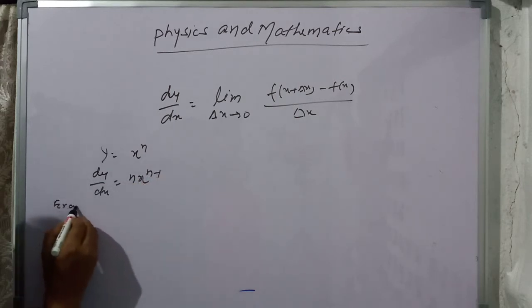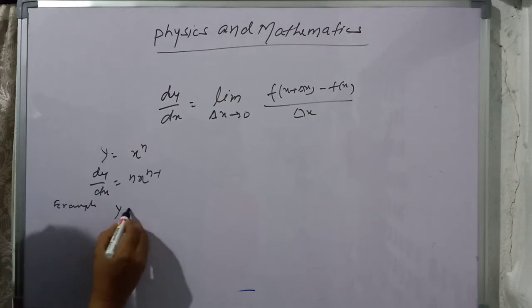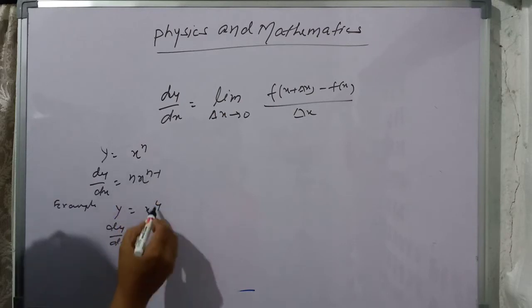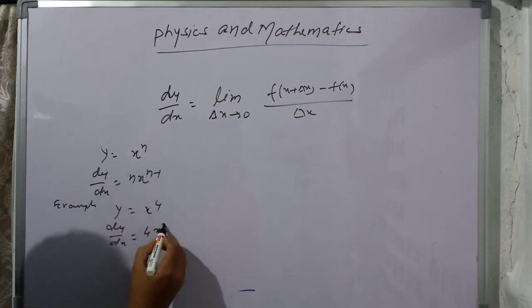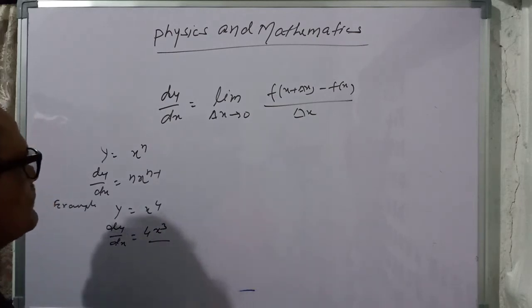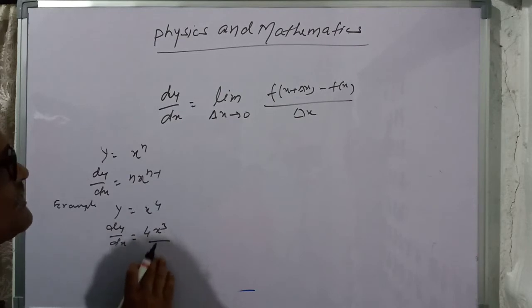An example is this: y is x to the power 4, then dy by dx is equal to 4 x cubed, because n is 4 and 4 minus 1 is 3. So this is the differential coefficient of this algebraic function, and there is no need to find this differential coefficient by the definition.